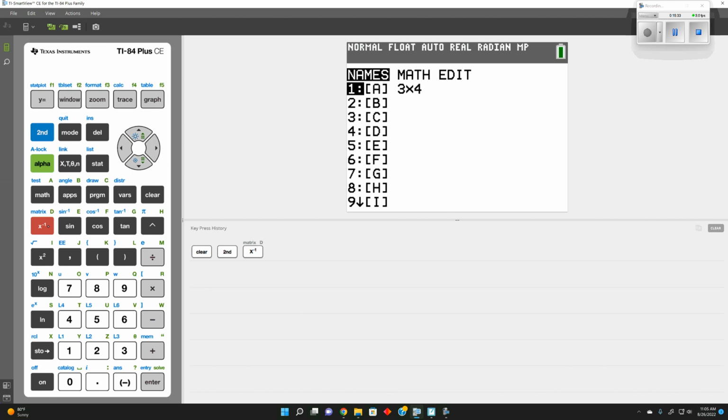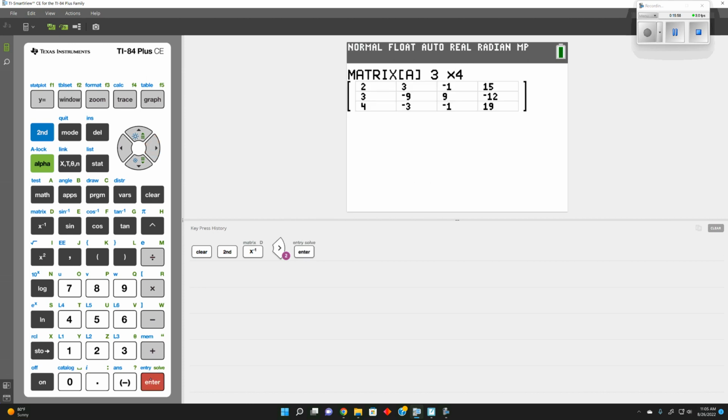That's fine. Now we need to go over. Does everybody got in here? Now we're going to go over to edit. So this will let us edit matrices in the calculator. And once we get over here, we're going to hit enter.